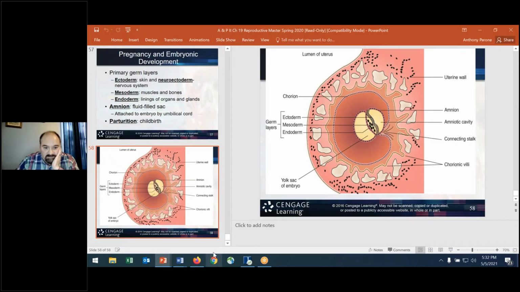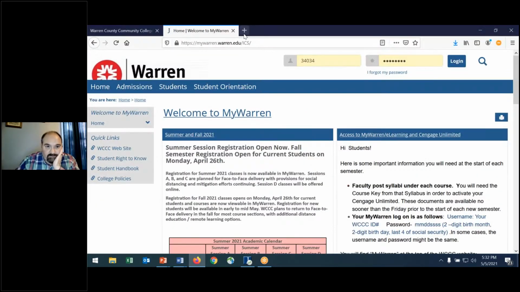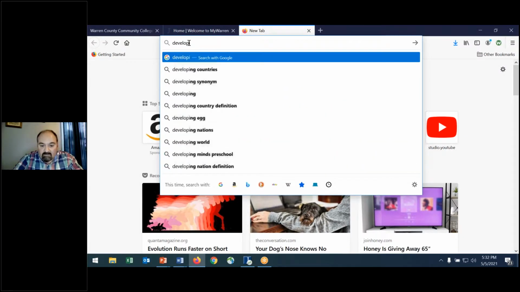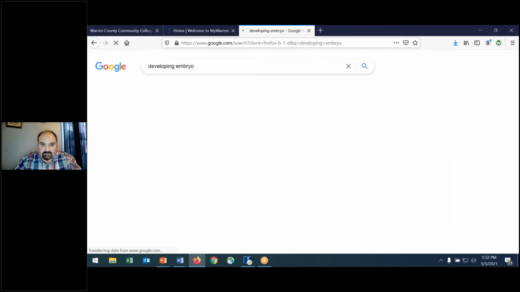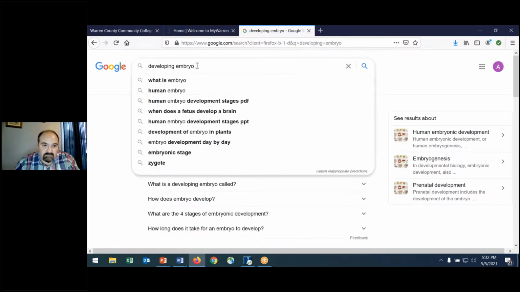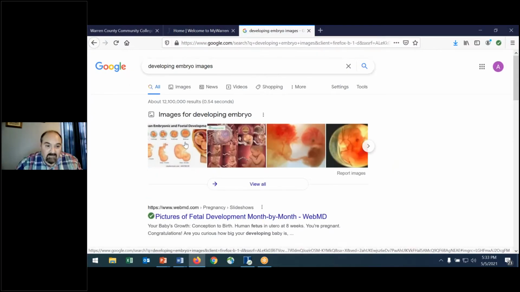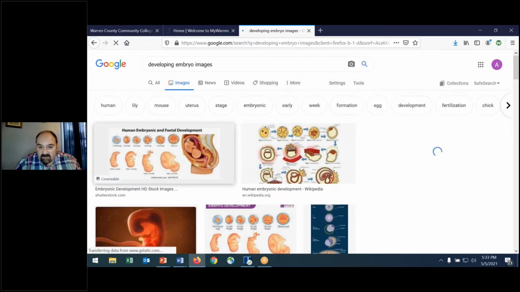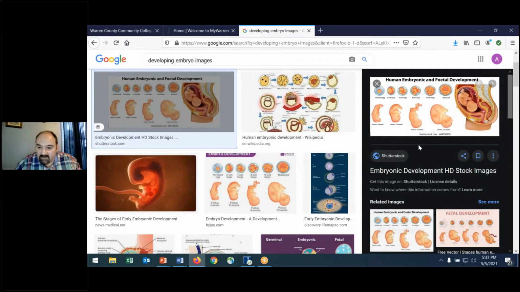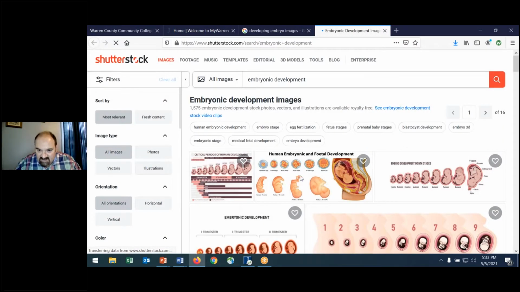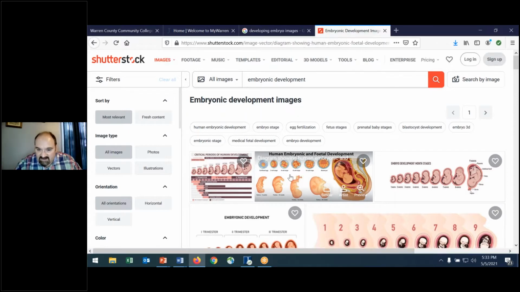Let's go to... Okay. Now I'm not seeing the size here.